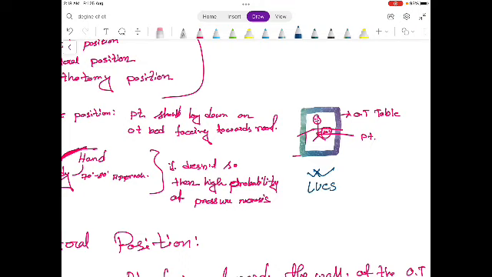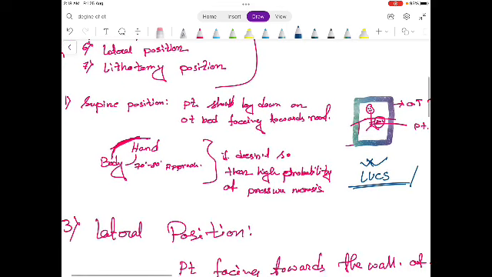First of all, we can think of the Caesarean, a baby delivery operation. The patient should be positioned in the supine position.